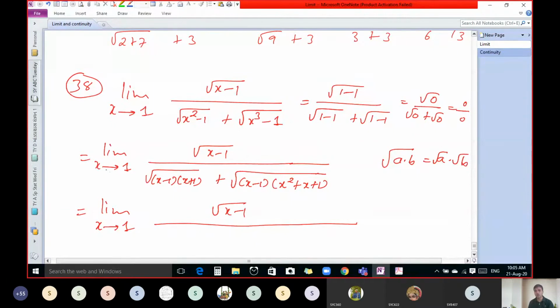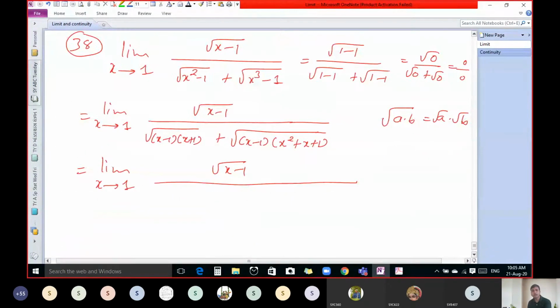Using that rule, we write root x minus 1 into root x plus 1, plus root x minus 1 and root of x square plus x plus 1.